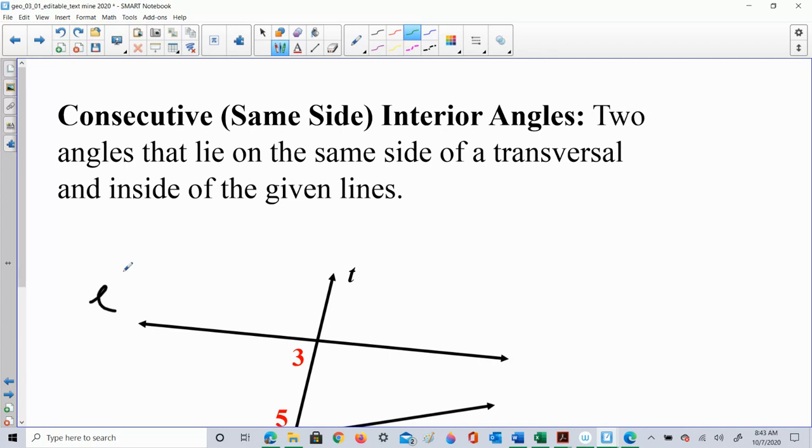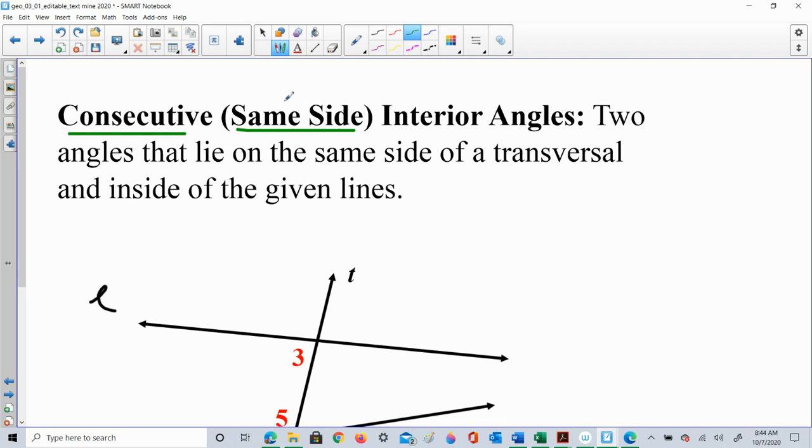Consecutive, same side, interior angles. Consecutive means one after the other. So they're on the same side. Now, the book uses consecutive. I think same side is more descriptive, right? They don't use that term, but I use that term.